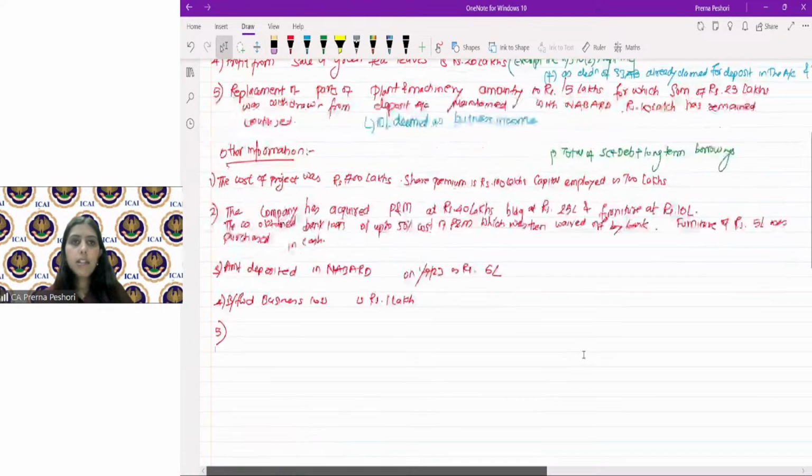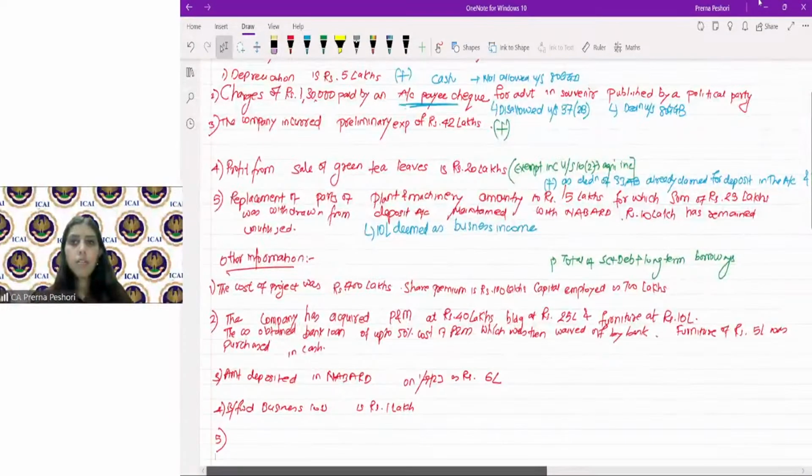Let's make this particular amount 30 lakh instead of 25 lakhs, out of which 10 lakh has remained unutilized.